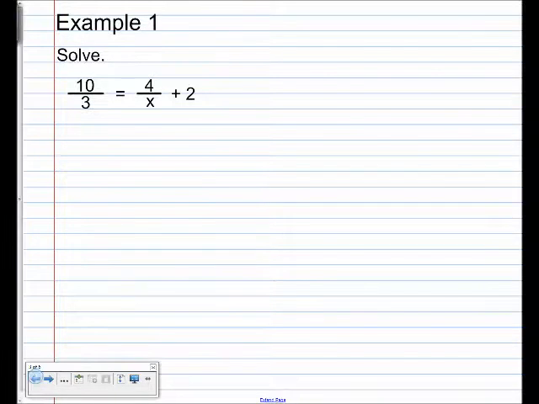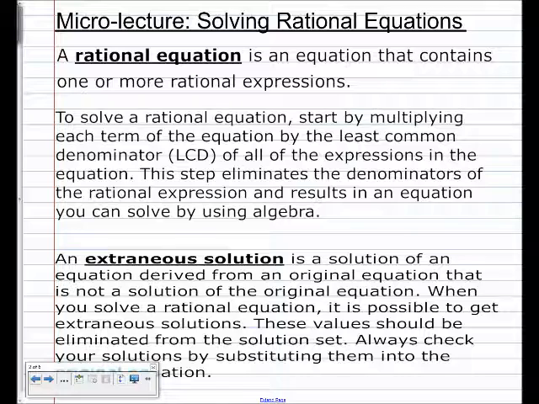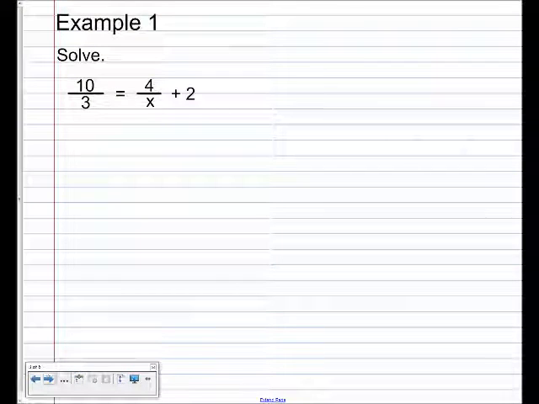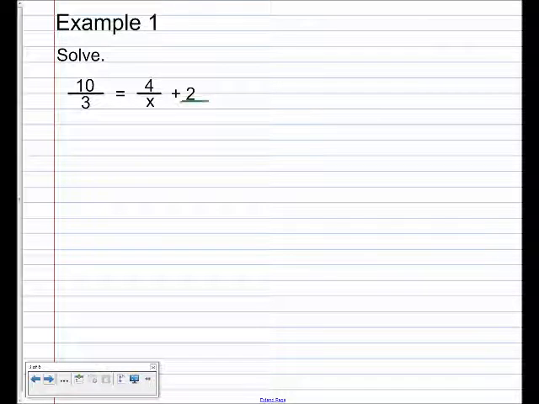All right, so if you read this, all this stuff here, it said that you should take the lowest common denominator and multiply it by all of your terms, all of your expressions. Well, what's the denominator here? What's it here? And what is it under 2? 1.